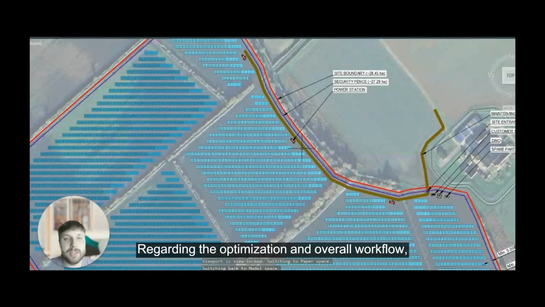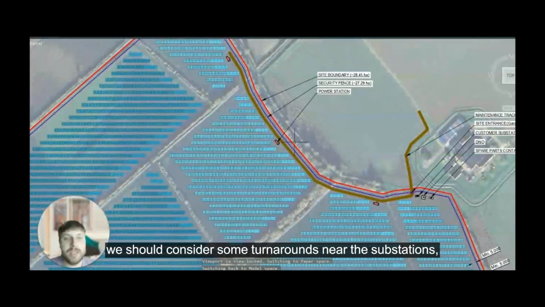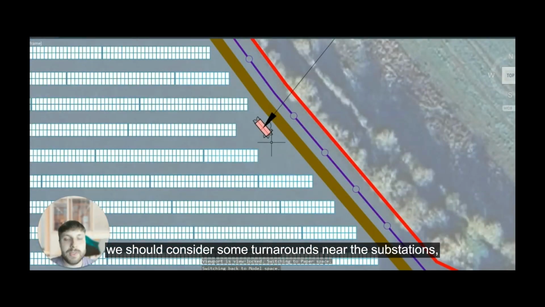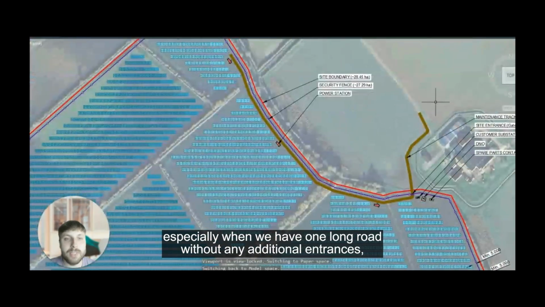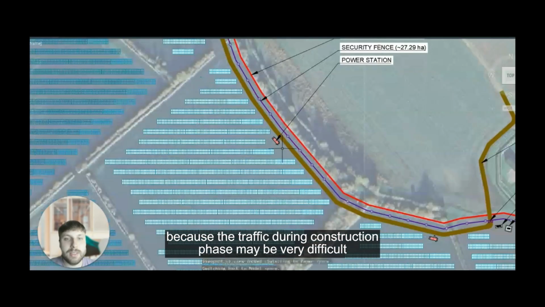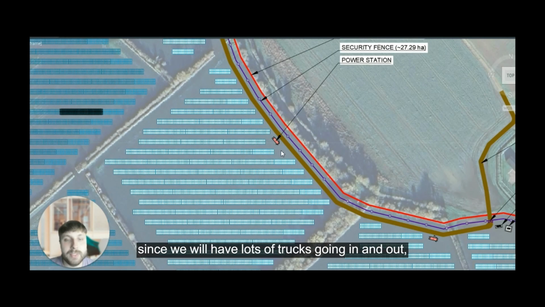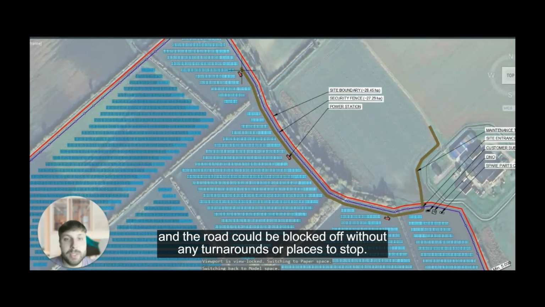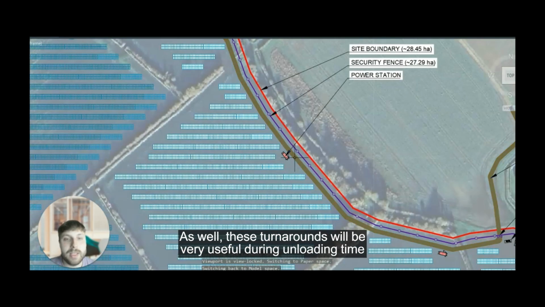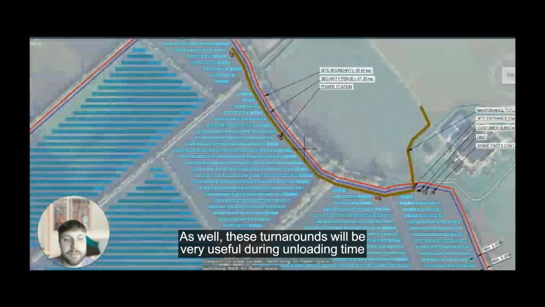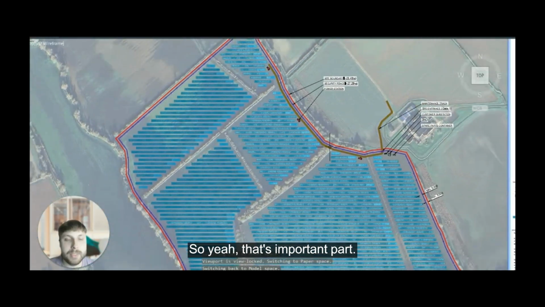Regarding the optimization and overall workflow, we should consider some turnarounds near the substations, especially when we have one long road without any additional entrances, because the traffic during the construction phase may be very difficult since we will have lots of trucks going in and out, and the road could be blocked without any turnarounds or places to stop. These turnarounds will be very useful during unloading time. So yeah, that's an important part.